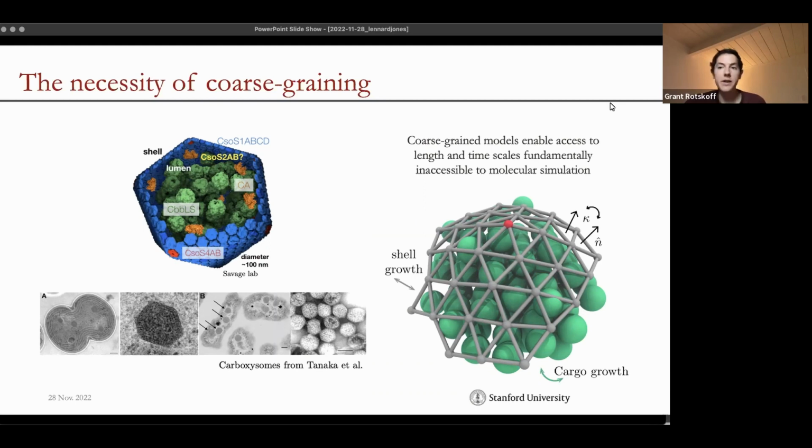So in an ad hoc way, or a physically inspired way, we choose a representation where we say, okay, we don't actually care about representing the carbonic anhydrase explicitly. So we're just going to represent it as a condensed cargo that has some propensity to agglomerate. And we don't really care about representing these shell proteins explicitly, but we do care about their energetic, elastic properties.